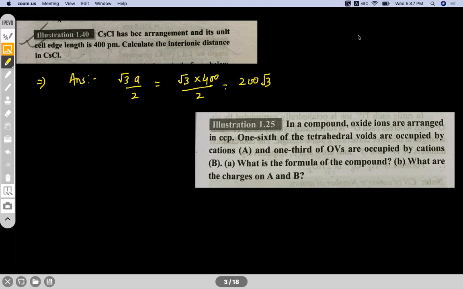That is it. So how many different possibilities? Yeah, that's right, Pradyut. How many different possibilities we have? Five.